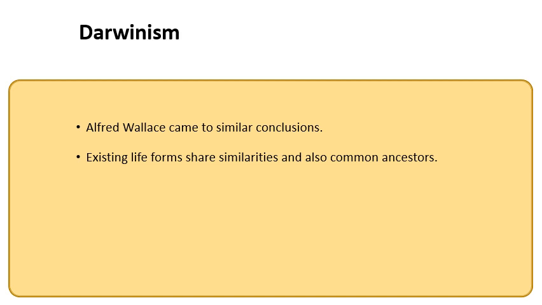So these are some important concepts regarding the theory of evolution. Alfred Russel Wallace also proposed the theory of evolution, that is origin of species by natural selection. Both of them shared the same ideas, same concepts and same views regarding evolution.